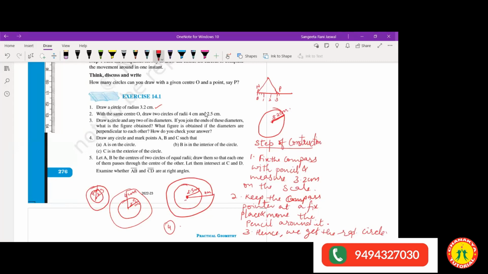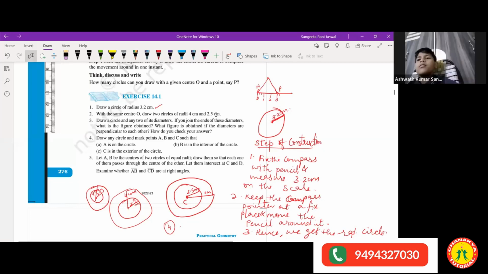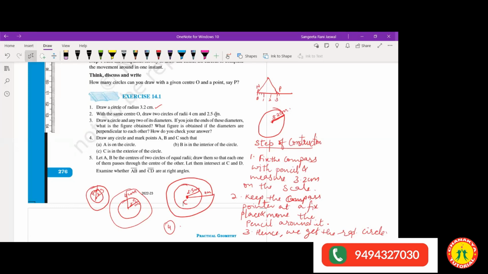You name your center C. Keeping the same center C and measure radius 4 centimeter, make another circle. This will be your next step. And thus you have 2 concentric circles. Thus only there will be addition of 1 point.